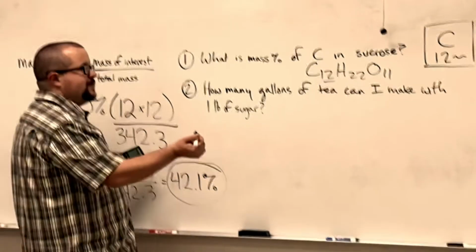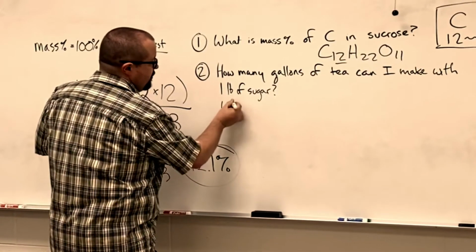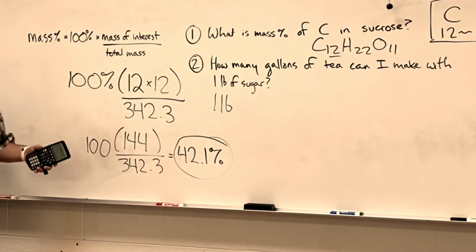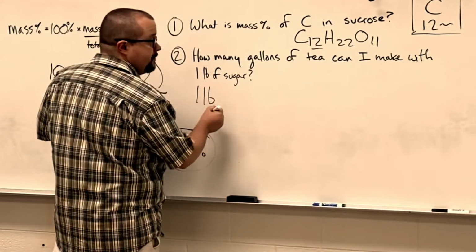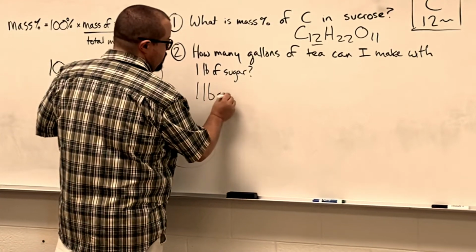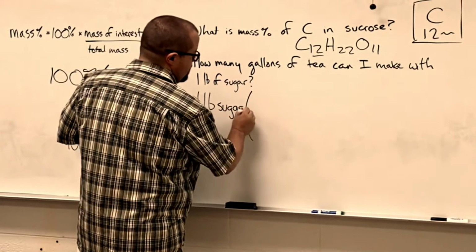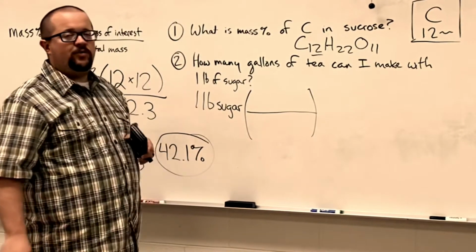It says how many gallons of tea can I make with 1 pound of sugar? So I'm going to start with 1 pound. It wants me to convert that pounds of sugar over to gallons of tea. So if I have 1 pound of sugar, then I'm looking at first taking that pound of sugar to something that's a little more functional.